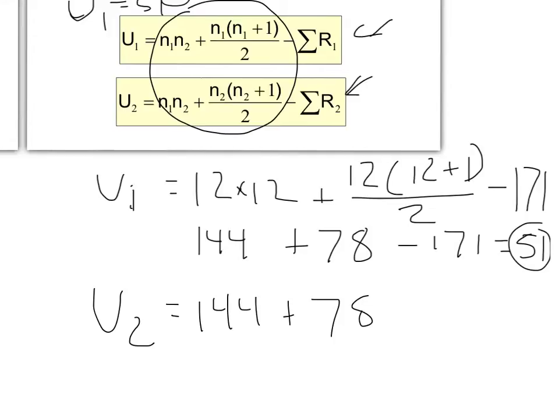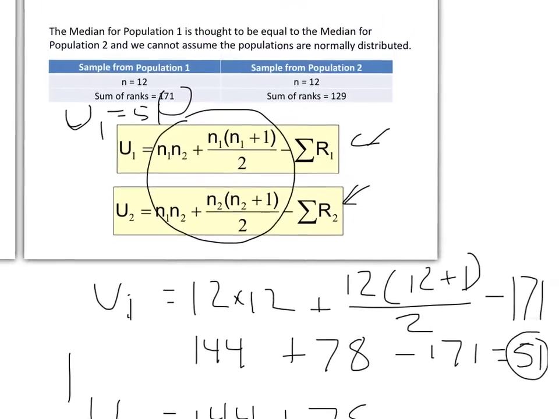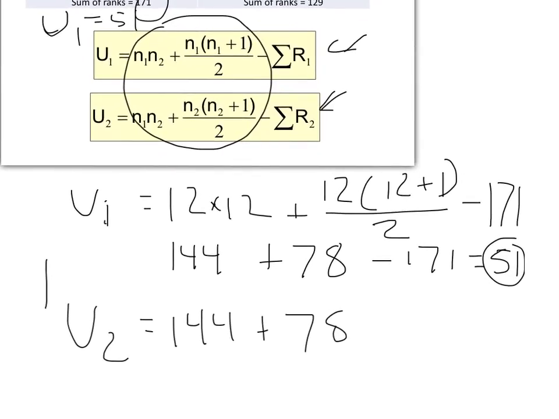And then we subtract the difference here, which is 129. That's kind of off the picture, but it's right up there at the very bottom of that. So then we would have 144 plus 78 minus 129. And there we get 93.